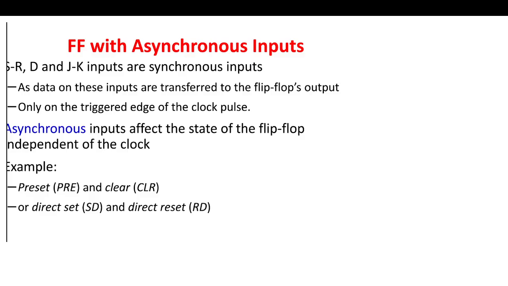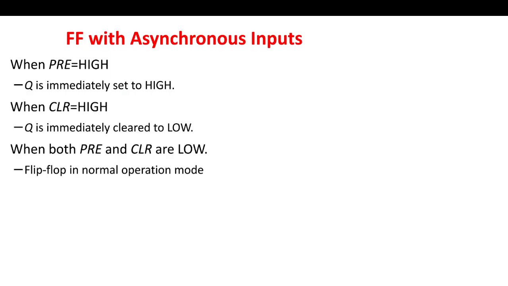Now, if we want some of the inputs to not depend on the clock but directly affect the output, say preset. So if I just press the preset, I want the output to be 1. Clear, that means if I press the clear, I want the output to be 0. That is like direct set and direct reset without waiting for the positive edge of a clock. So such inputs are called asynchronous inputs.